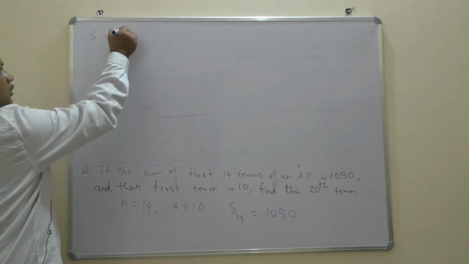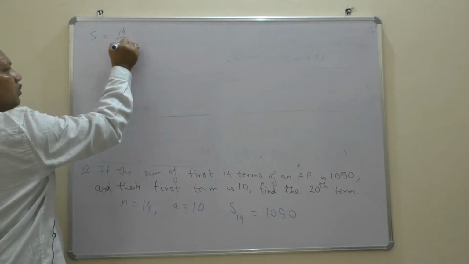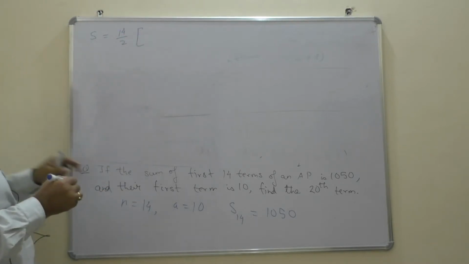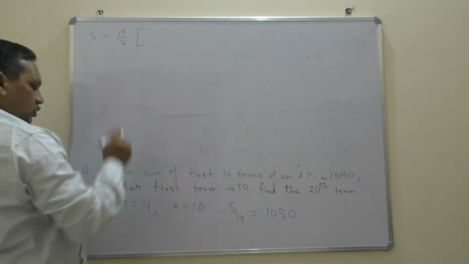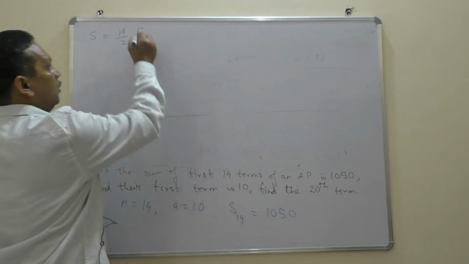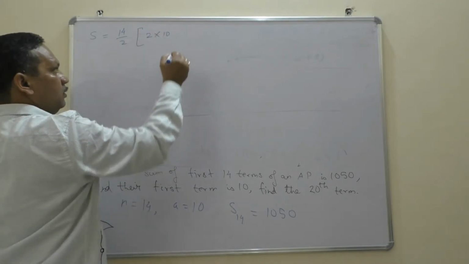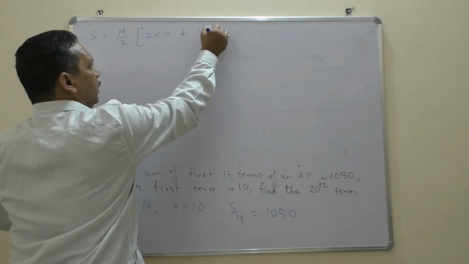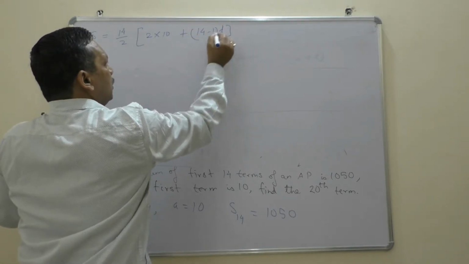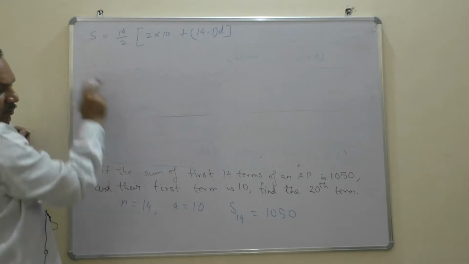So S is what? 14 by 2, because the number of terms is 14, into 2a, 2 multiplied by 10, plus (14 minus 1) into d. Yes or no? Now what is S here, the sum of 14 terms? 1050.